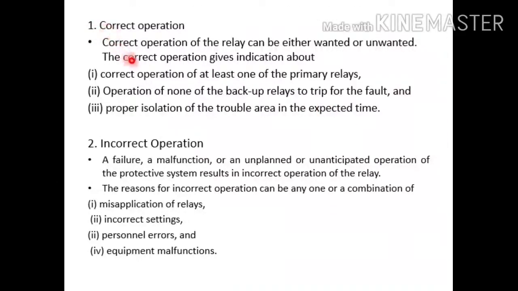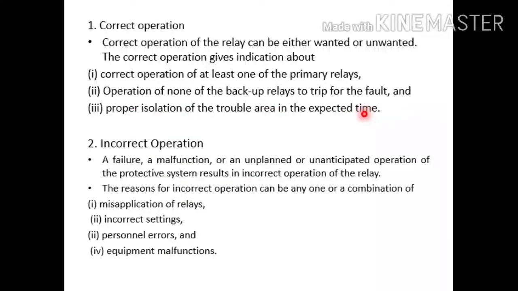Correct operation. The correct operation of the relay can be either wanted or unwanted, and it gives indication of the correct operation of at least one of the primary relays, operation of none of the backup relays to trip for the fault, and the proper isolation of the trouble area in the expected time.